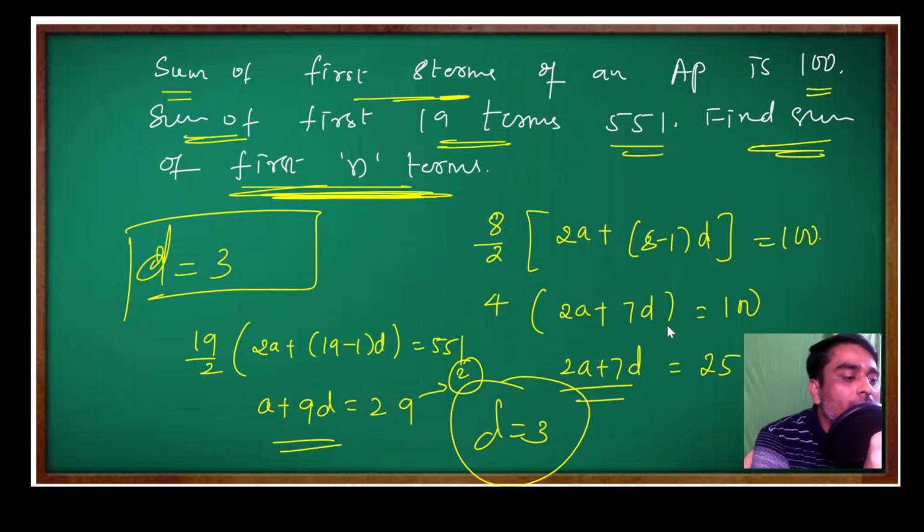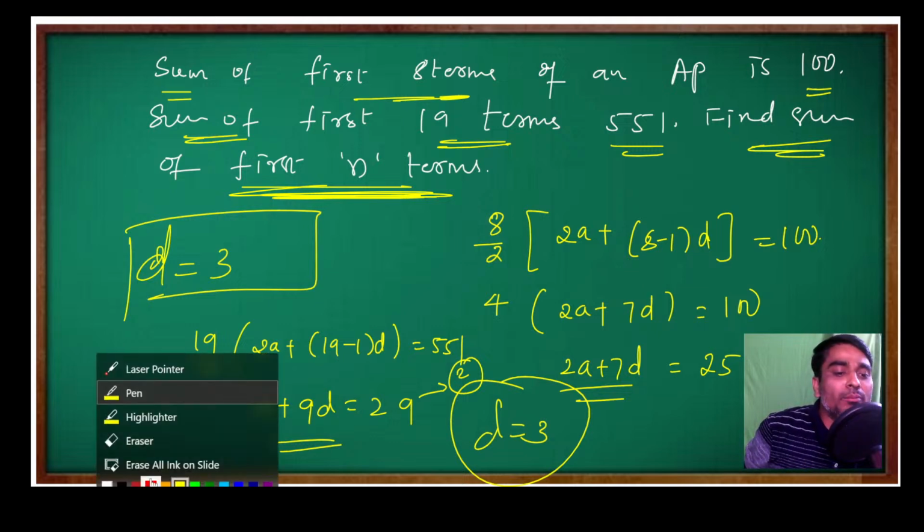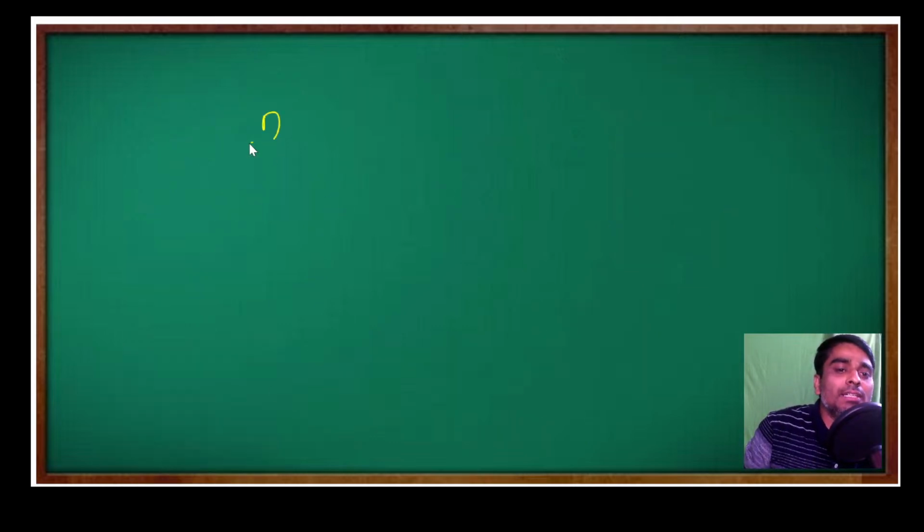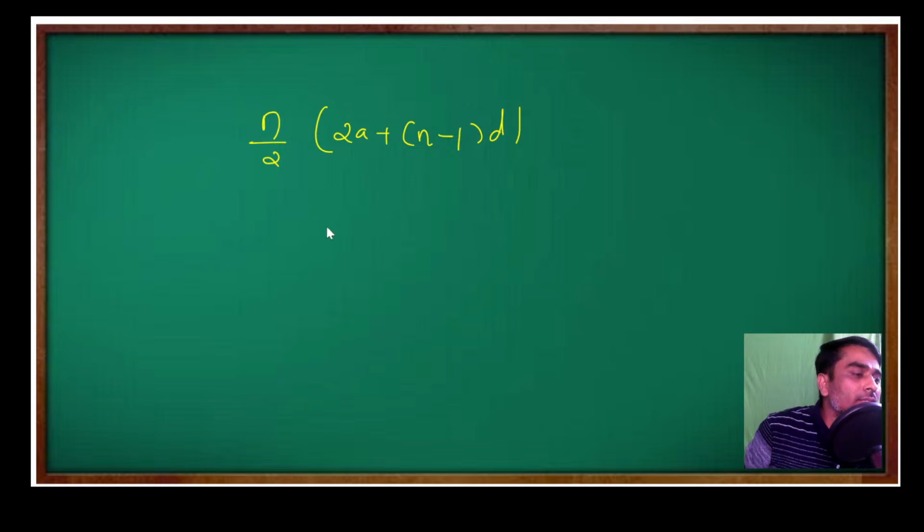D equal to 3 and a equal to 2. Correct. Then put it in the sum formula again. N by 2, 2a plus n minus 1 into d.